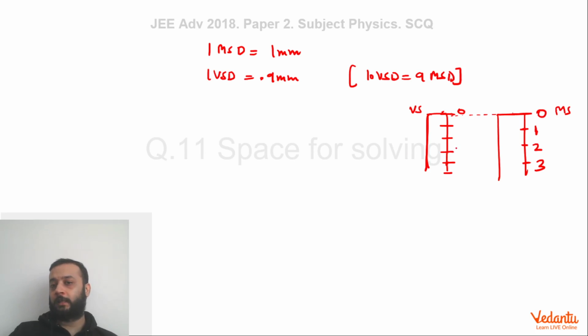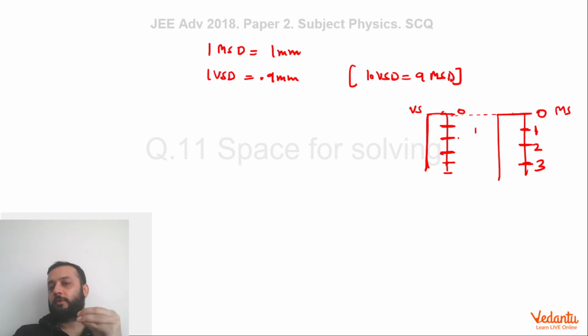Now let's ask, if you think carefully, this 1 mm and this first division, the slight difference between these two will be 0.1 mm because this is 1 mm, this is 0.9 mm. Similarly, this is 2 mm and this is 1.8 mm. So we can say that 2 mm was 0.2 mm below this division, right? Similarly, this 3 mm was 0.3 below this third division.